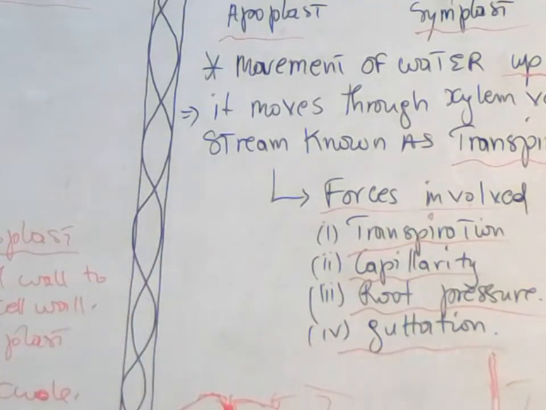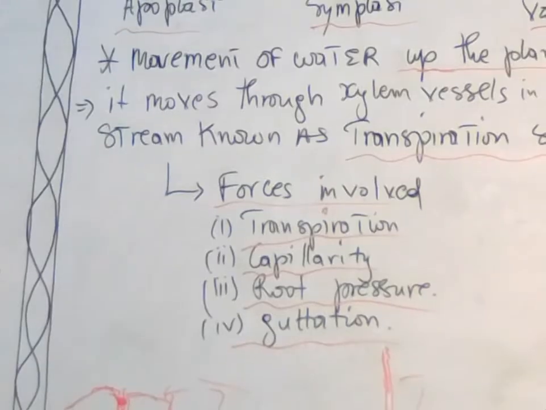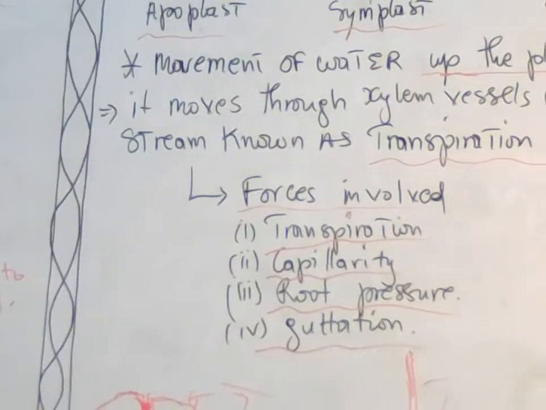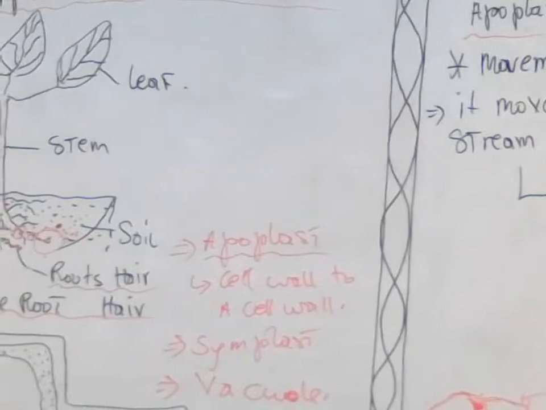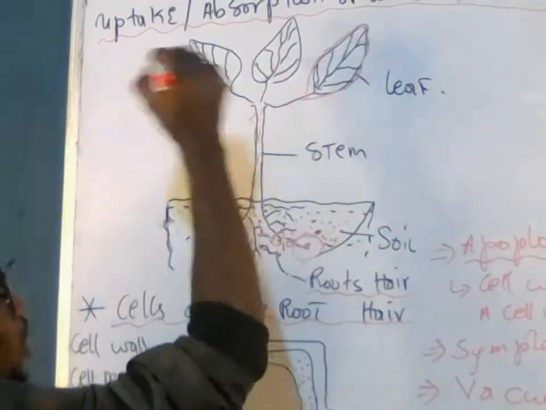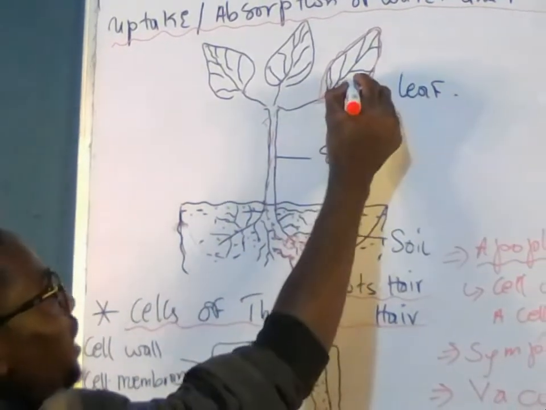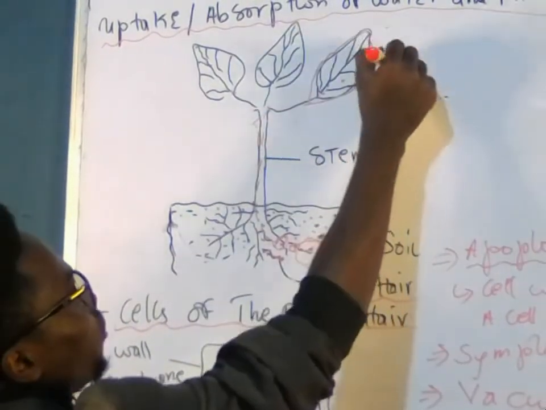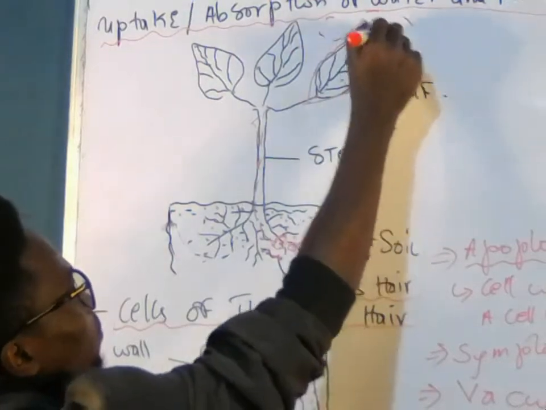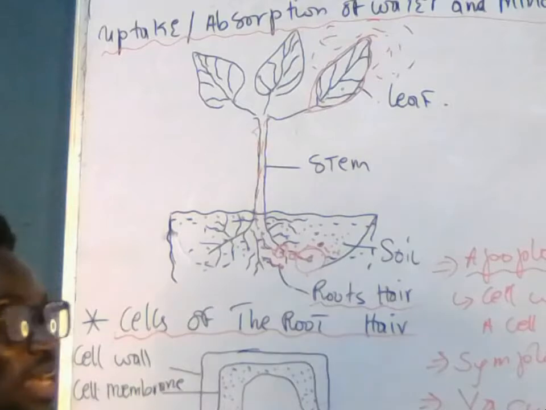So now, what is transpiration? Transpiration is defined as the diffusion of water vapor from the plant leaf to the atmosphere. These are the plant leaves. This is our leaf. Once water diffuses from the leaves to the atmosphere around, that's what you call transpiration.